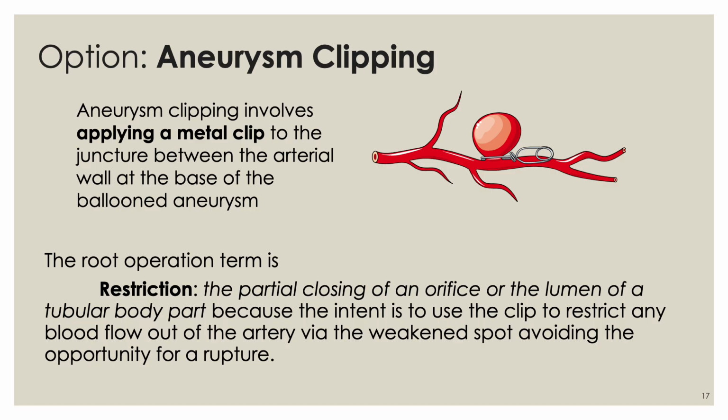Basically cutting off any more blood from coming from that vessel to feed that balloon until it pops, that's the rupture. We don't want that. Bad rupture. So we're going to apply the clip between the outside of the blood vessel and at the neck of the aneurysm, the ballooned aneurysm, to kind of cut it off. No more for you. All right?